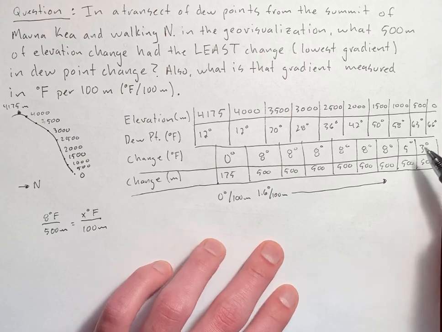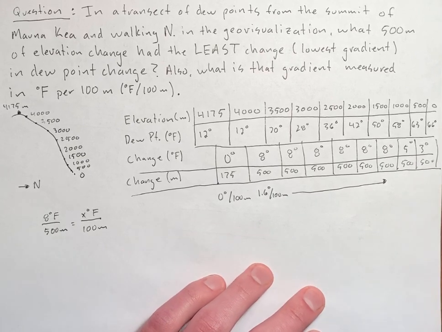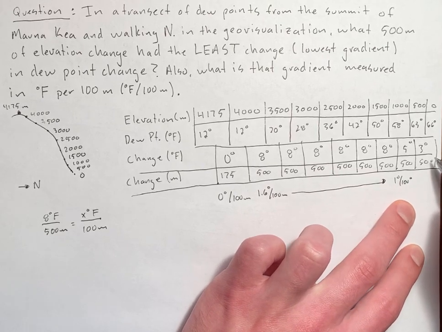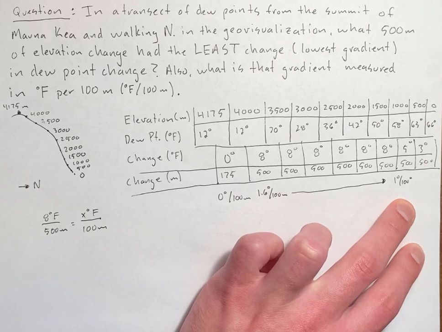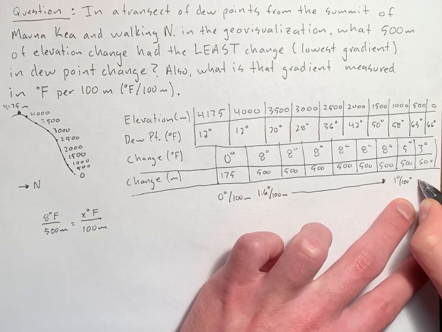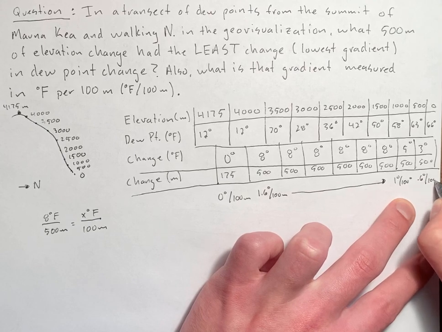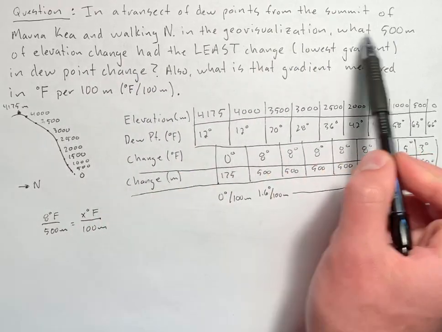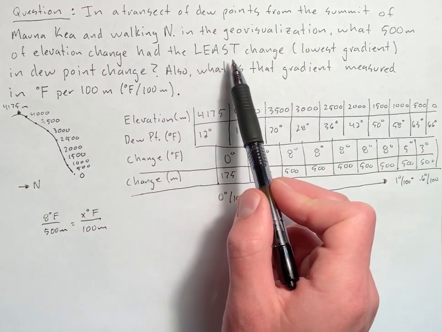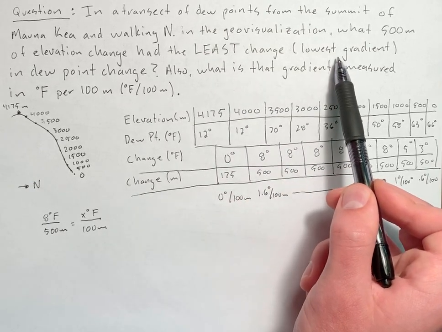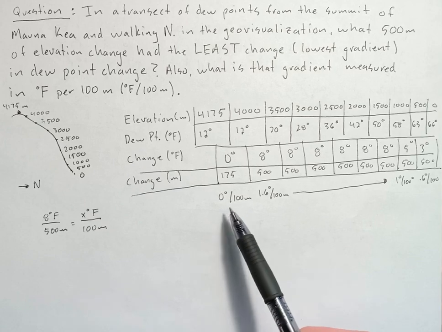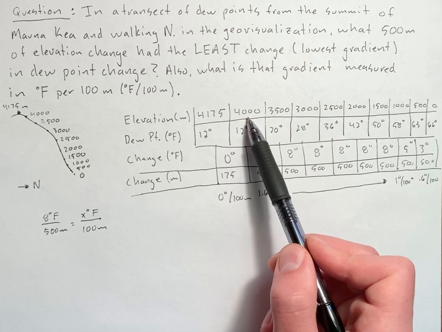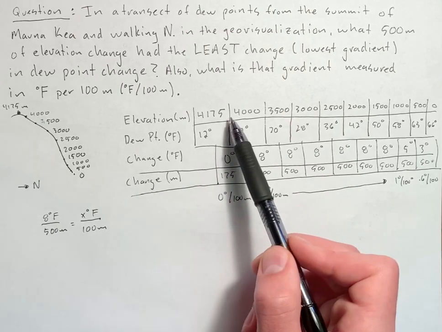These last two are different though. So 5 degrees every 500 meters, that's 1 degree every 100 meters. And over here, 3 degrees every 500 meters is 0.6 degrees per 100 meters. So now, to answer the first question, what 500 meters of elevation change had the least amount of change, or the lowest gradient in dew point? Well, from the summit to 4,000 meters is 0 degrees, but that's not a 500 meter increment.